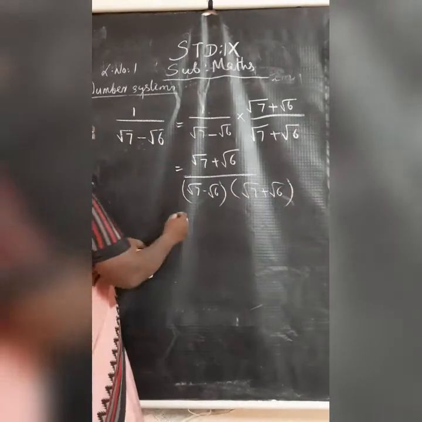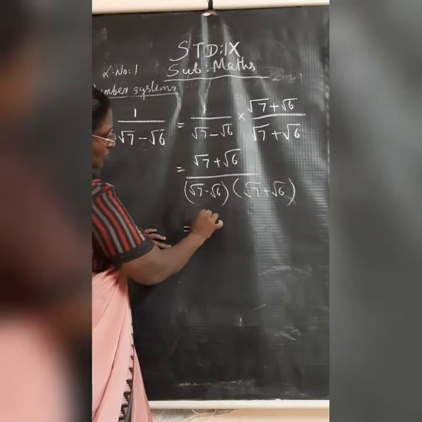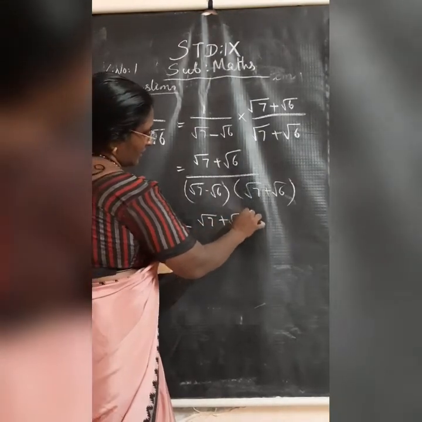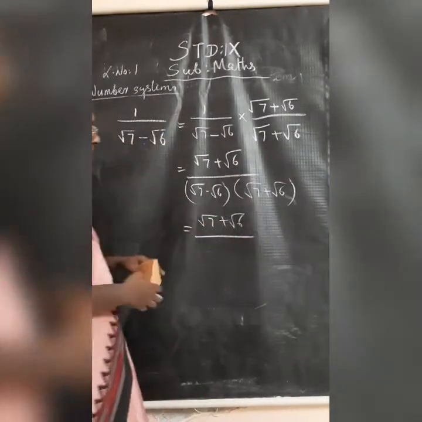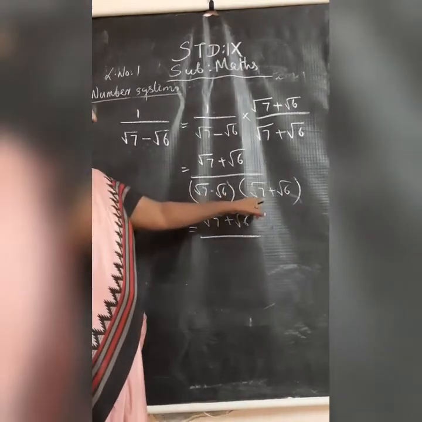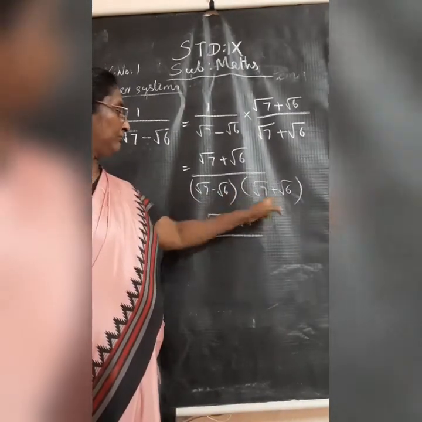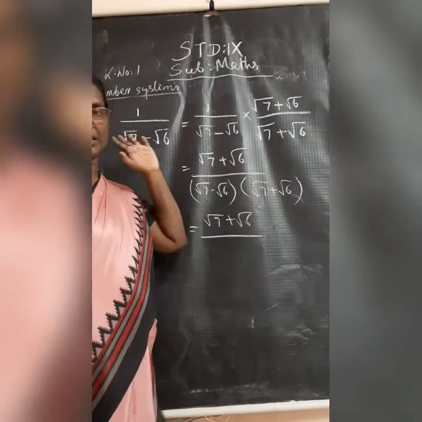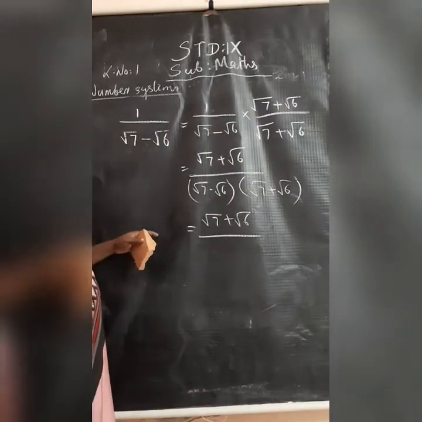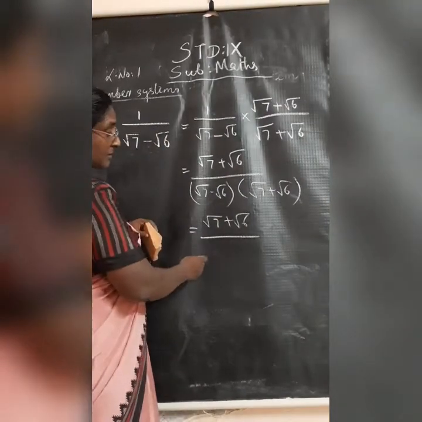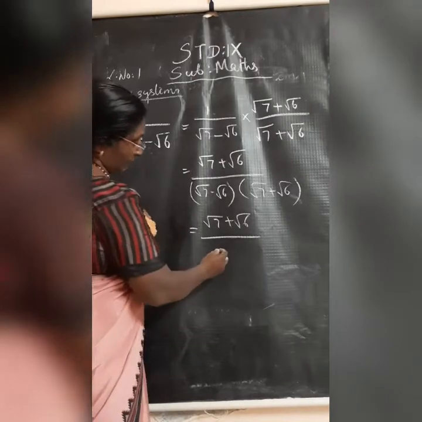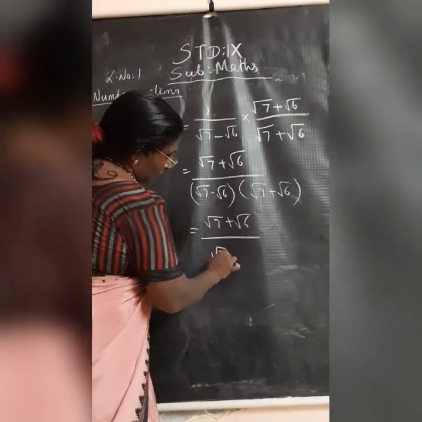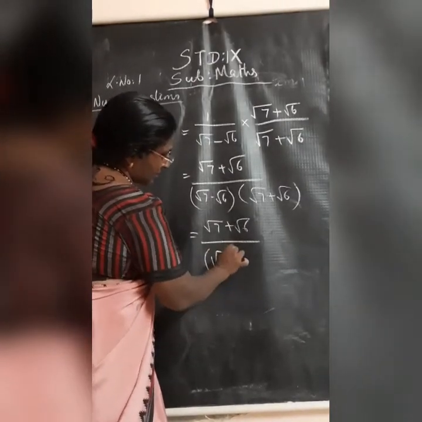Okay, so that is equal to root 7 plus root 6 divided by, now here listen, first term same, second term same, only the middle sign changes. So which form is coming? A minus b into a plus b form, or a plus b into a minus b form. So what will come? A square minus b square.